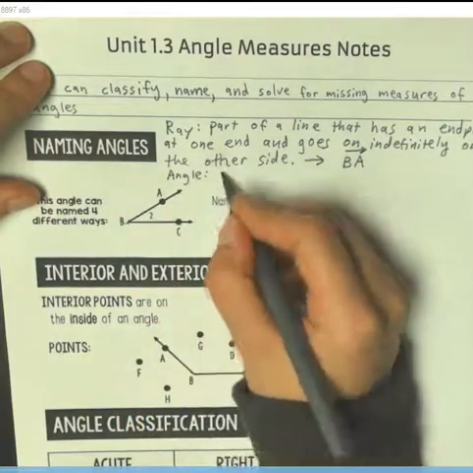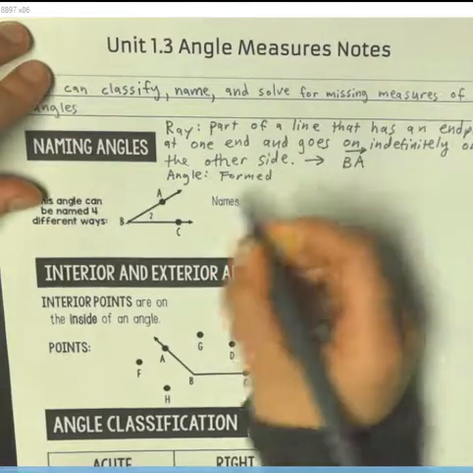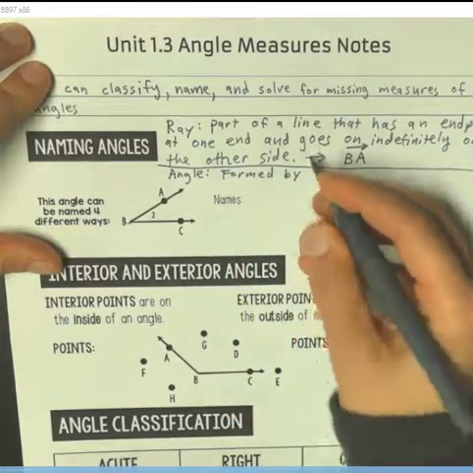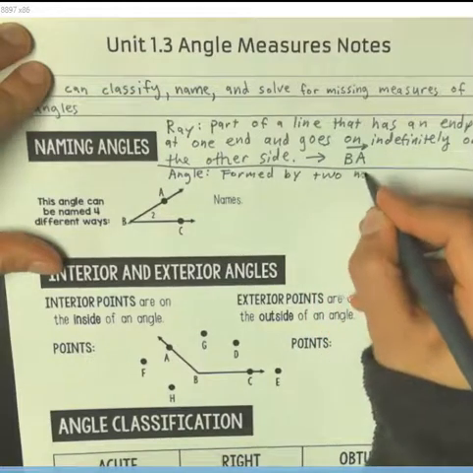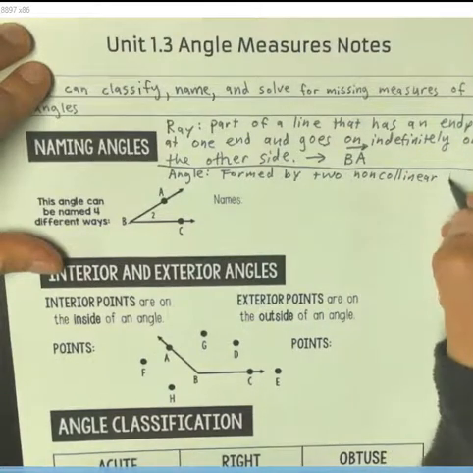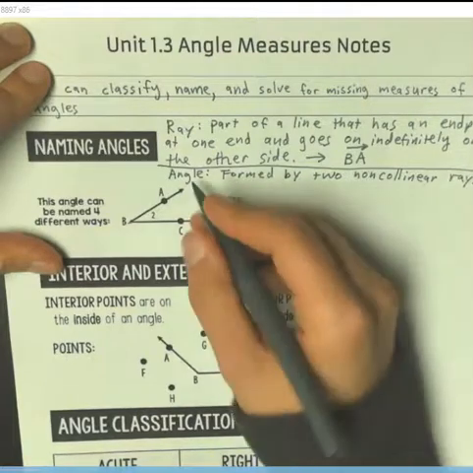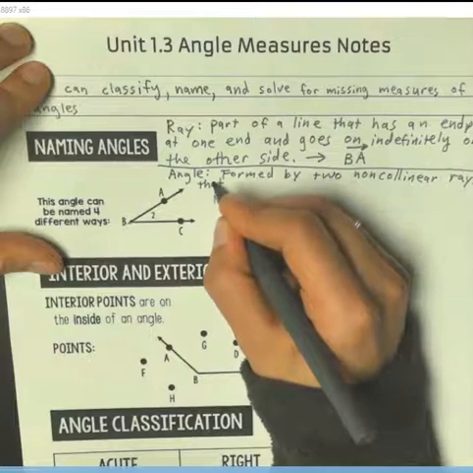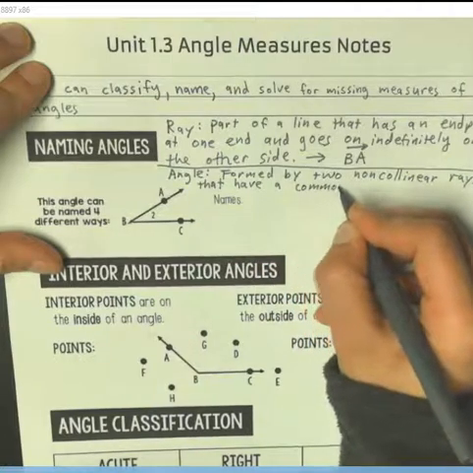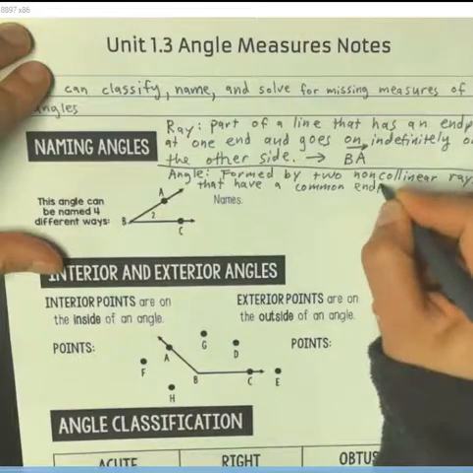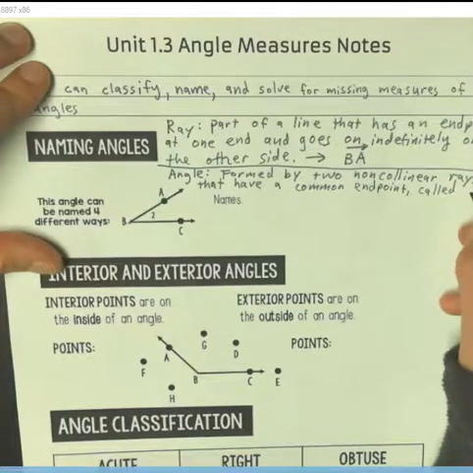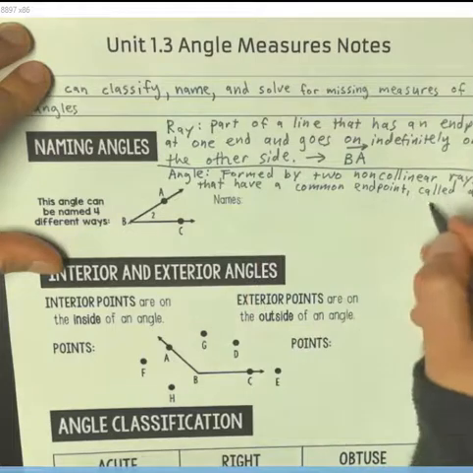Okay? So, formed by two non-collinear rays that have a common endpoint called a vertex.